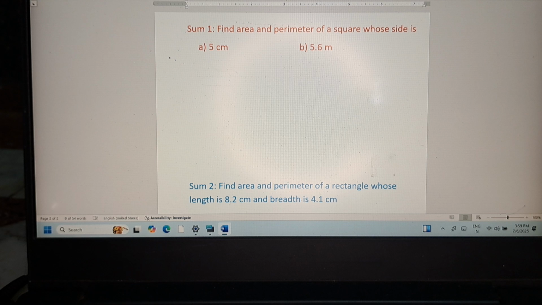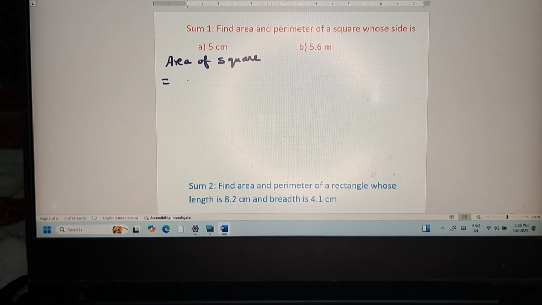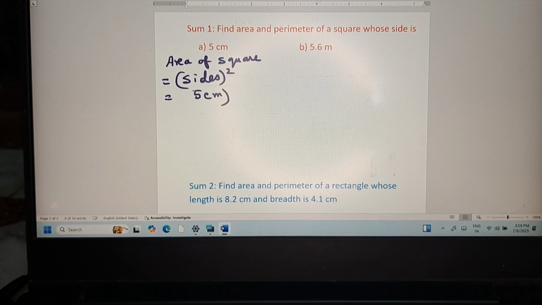So area of a square, what we have learned, side square. Here the side is given 5 centimeter, so we will write 5 centimeter square. So what is the answer? 5 into 5. The answer will be 25 centimeter square.